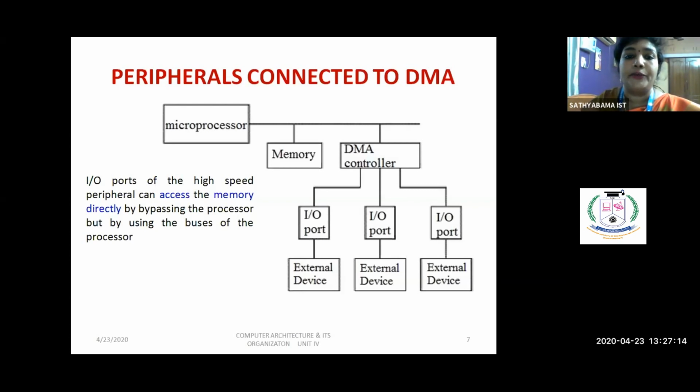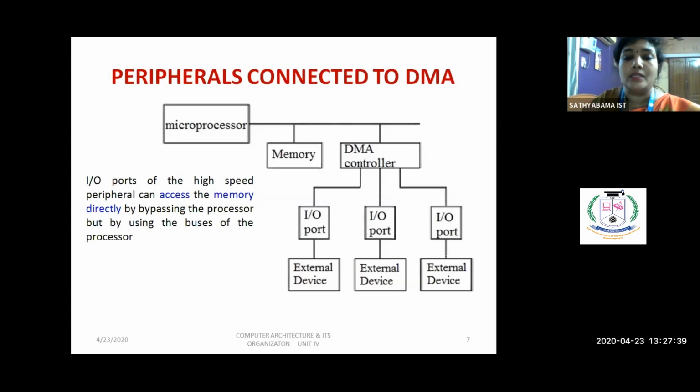Peripheral connected to DMA: the input-output ports of the high-speed peripheral can access the memory directly by bypassing the processor, but it will use the buses of the processor.